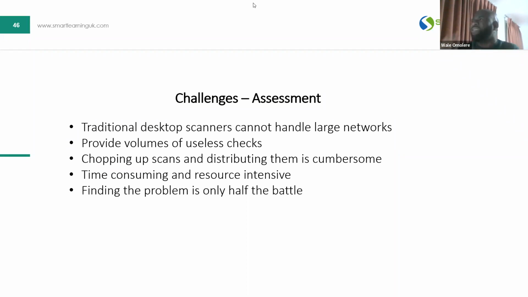It's quite resource intensive, so you would have a challenge. Your computer is slow, it's hanging and all of that. This is not about reading slides to you. I'm just telling you the real issue.